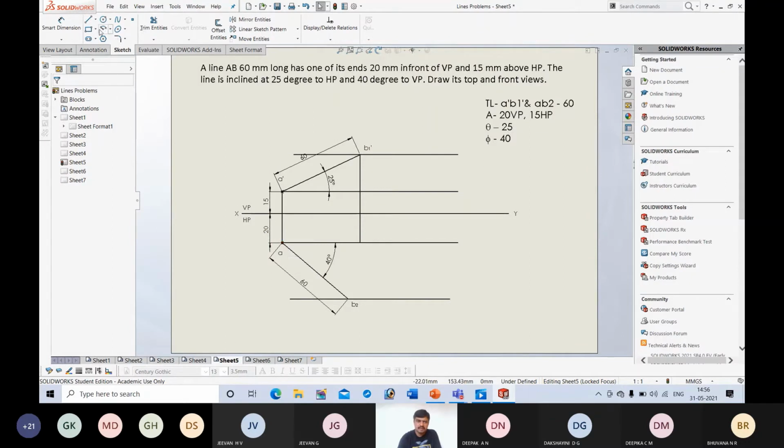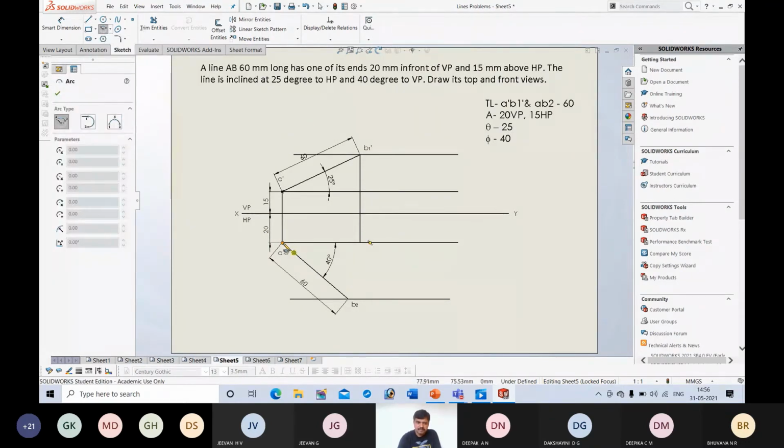After that, use your compass, this as center and this as radius.